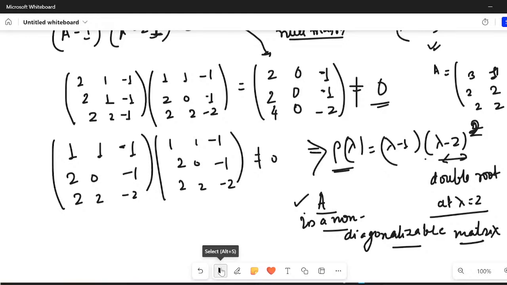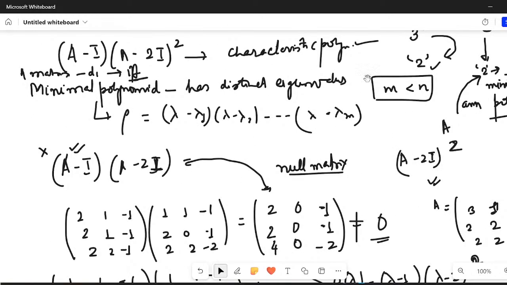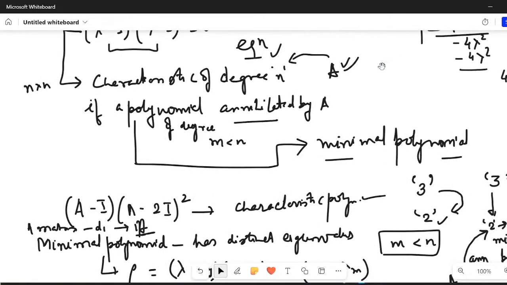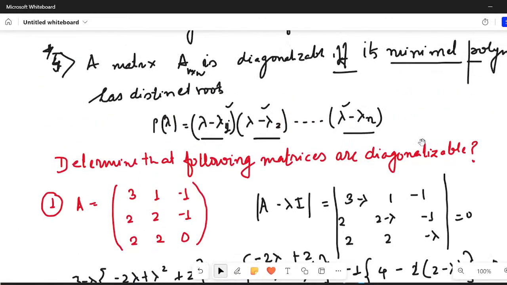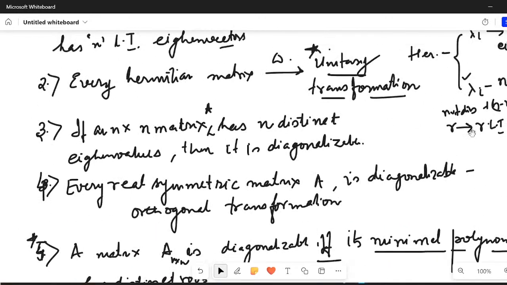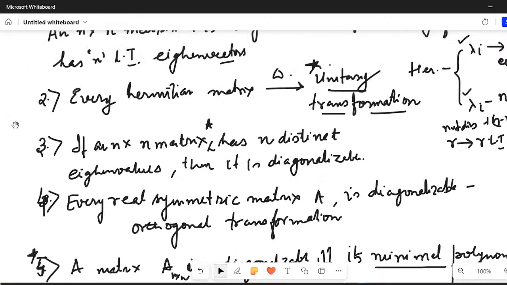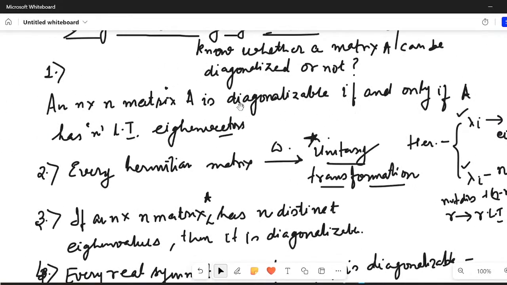Now, if at all you are not very comfortable with this, then I also told you that if it so happens that your matrix A has n linearly independent eigenvectors, this was the first thing that I wrote, then it is diagonalizable, otherwise not.